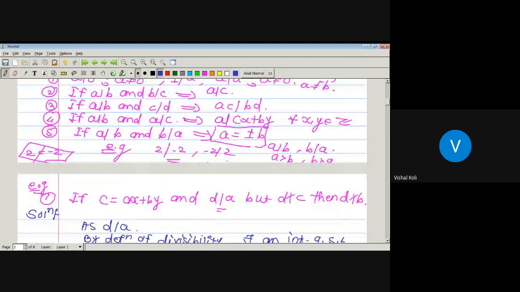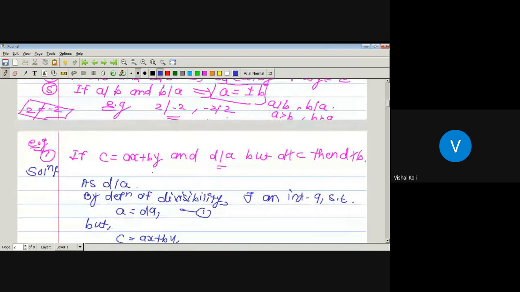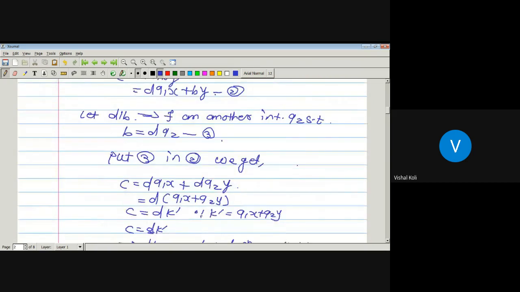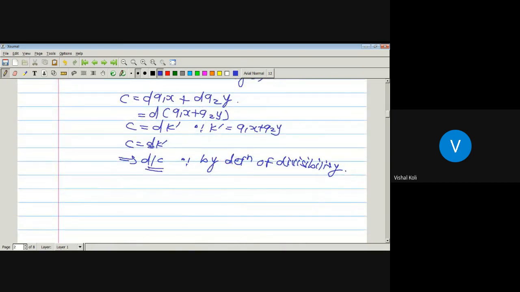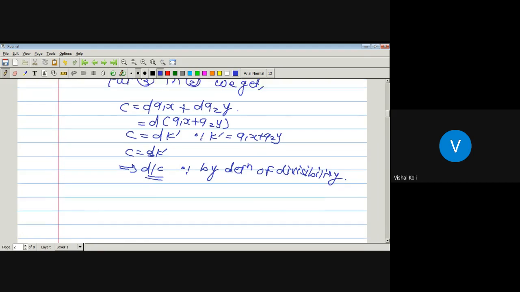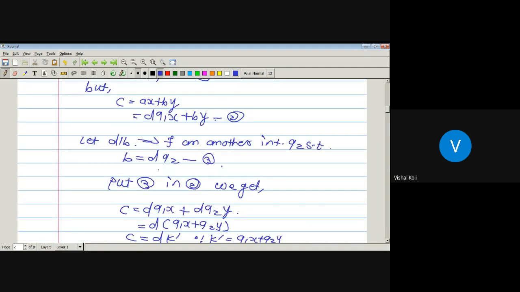We are already given that c is an integer which is a linear combination of a and b, d divides a, but d does not divide c. But here we get d divides c. So this will be wrong, a contradiction to our given statement, that is d does not divide c.